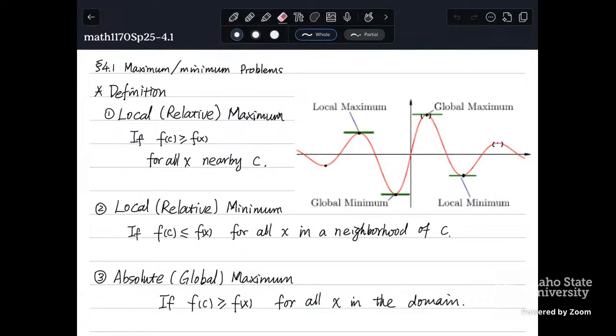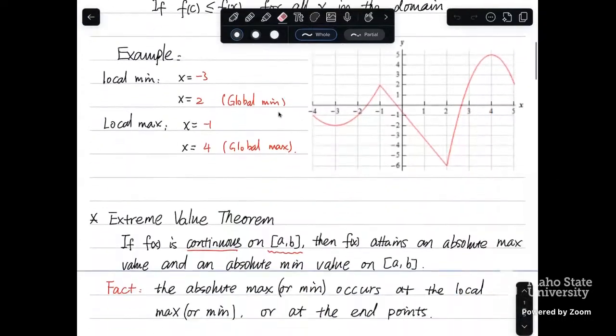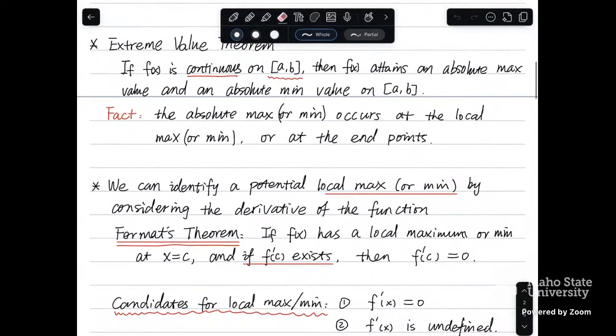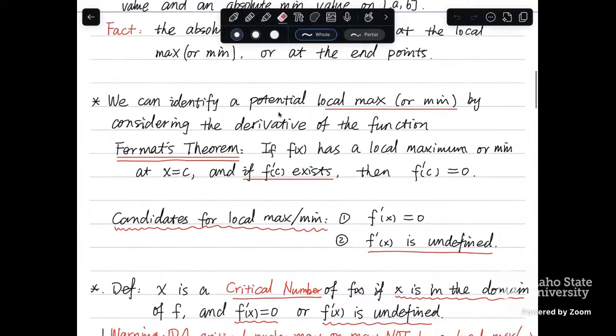But reversely, it's not true. The derivative equals zero may not imply it has a local maximum or local minimum. But based on this, we are able to identify those candidates for the local maximum and minimum.